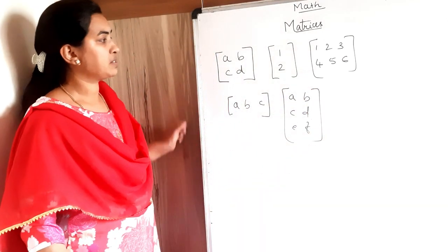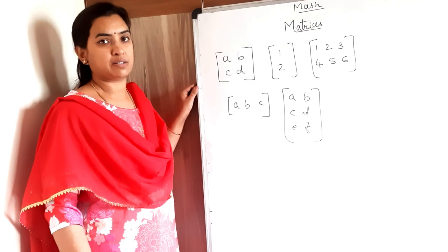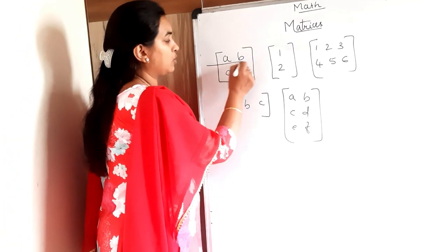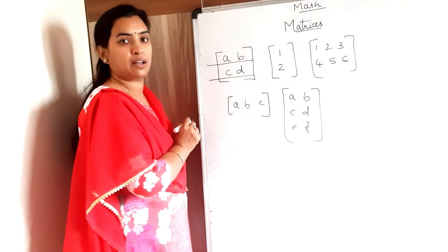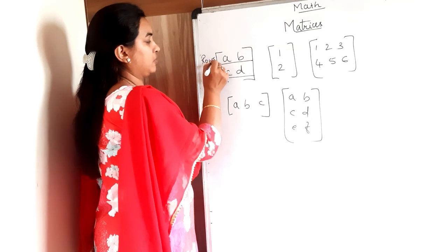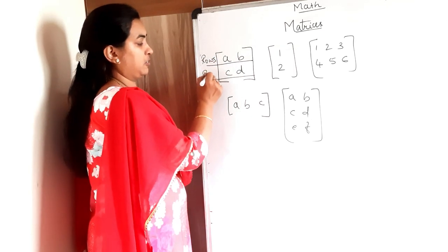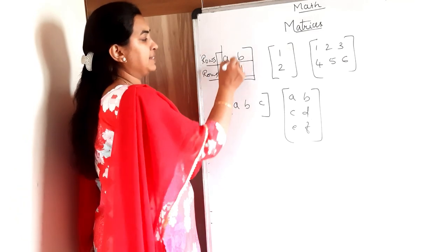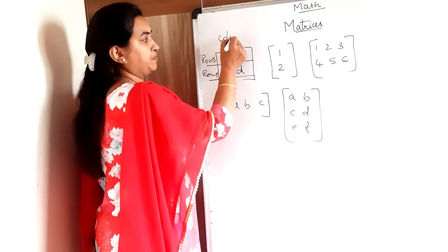In this, the horizontal lines are called rows, and the vertical lines are called columns.